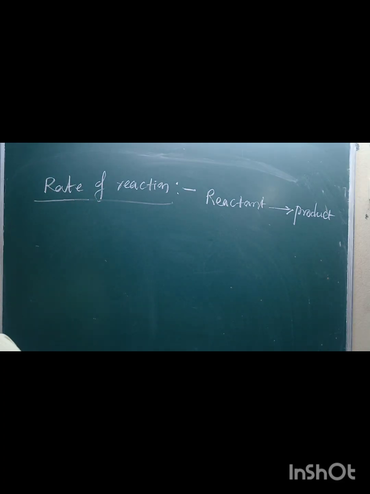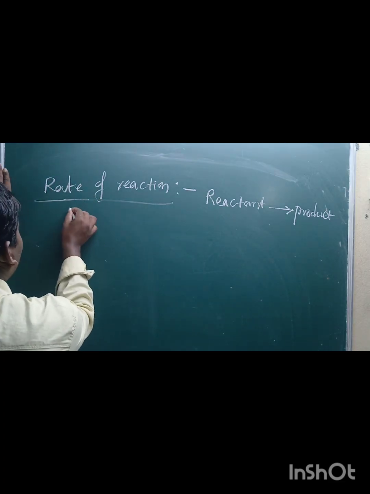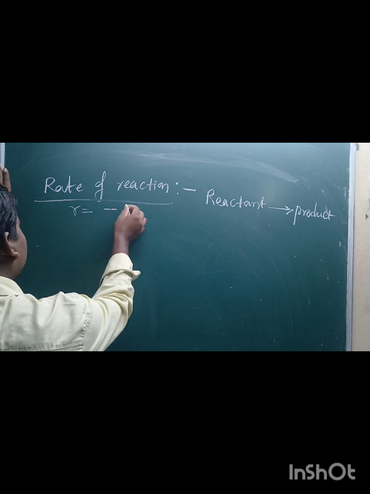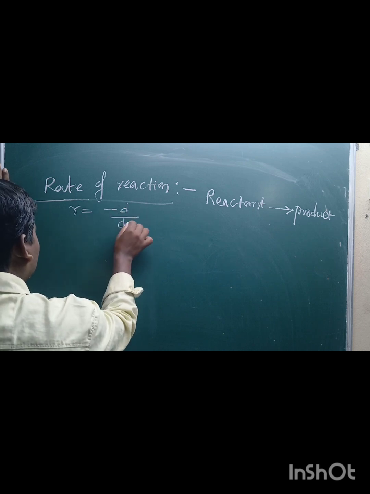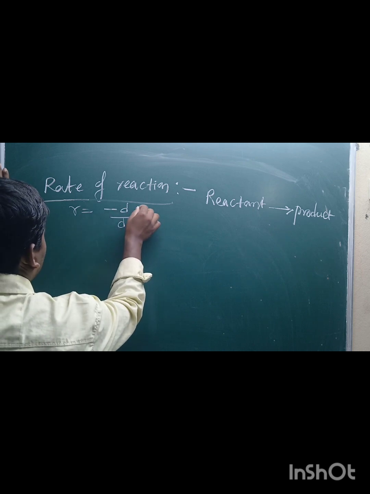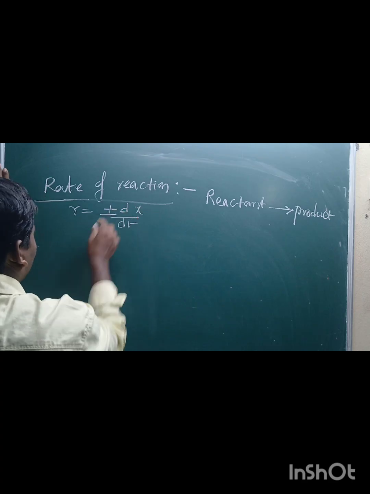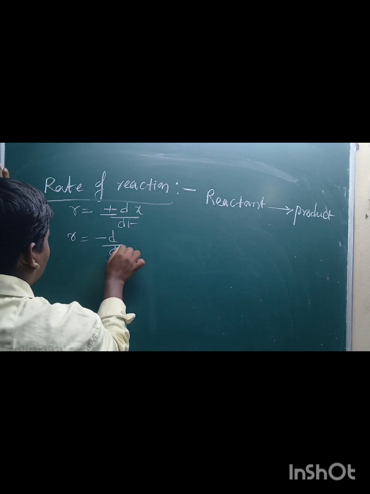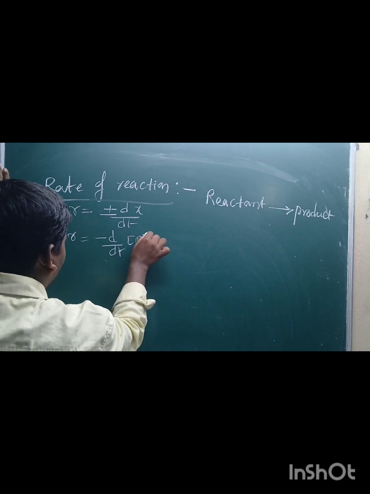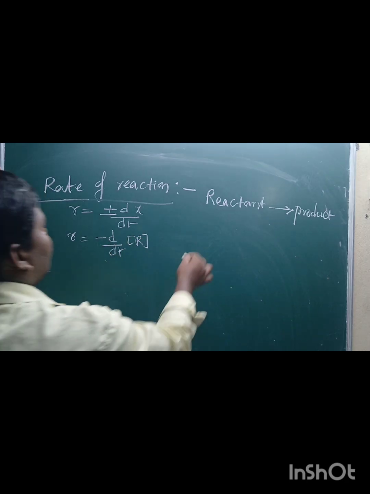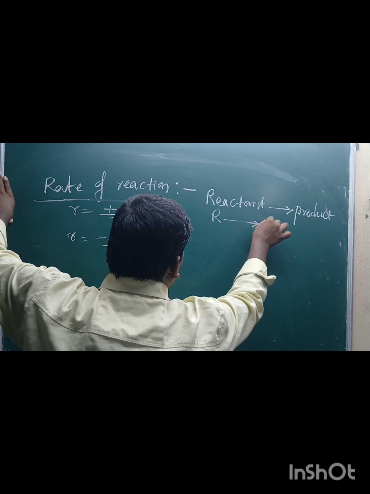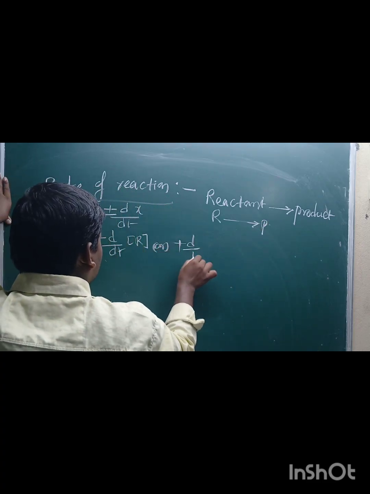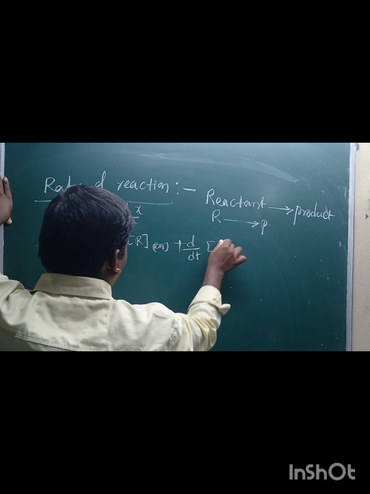Simply, R is equal to minus d by dt of concentration of R, the reactant, or R is equal to plus d by dt of concentration of product, the reactant being converted into product.